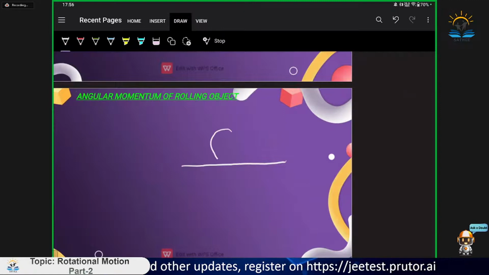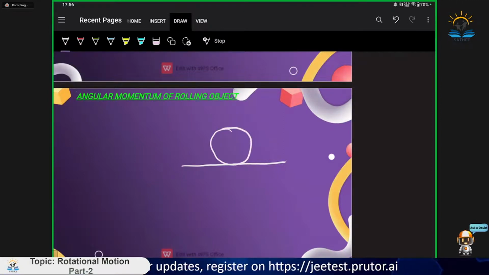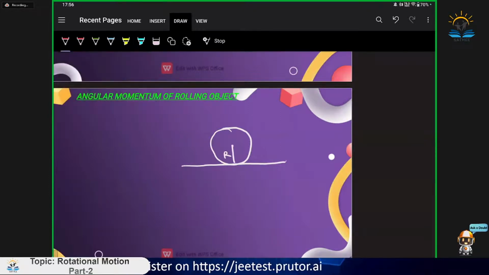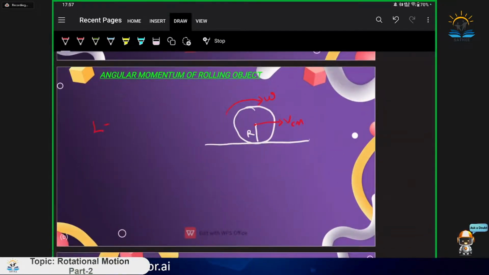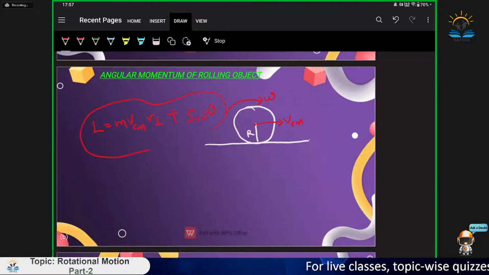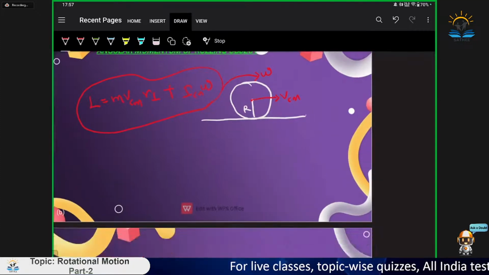If this is rolling, radius is r, with velocity VCM and this is omega, its total angular momentum will be m VCM into r perpendicular plus I center of mass into omega. This will be the angular momentum of a rolling object.